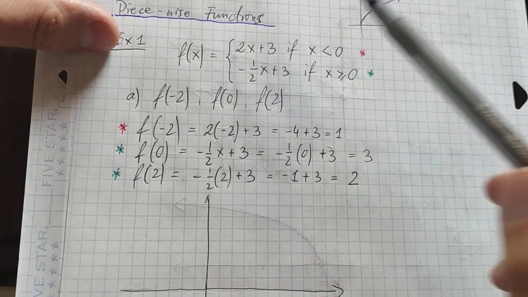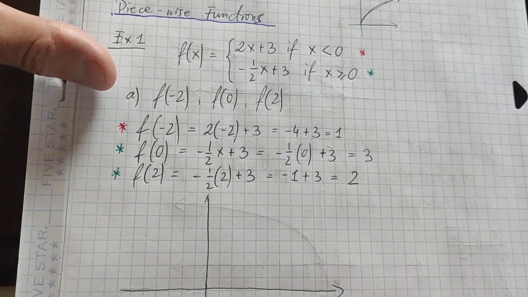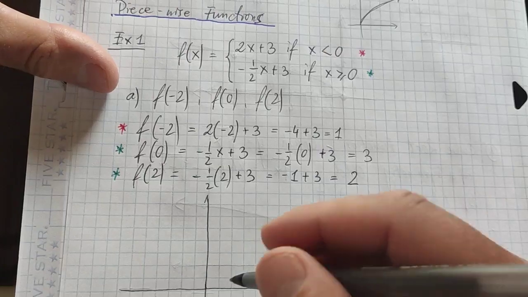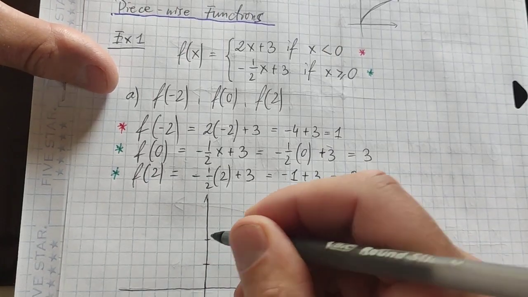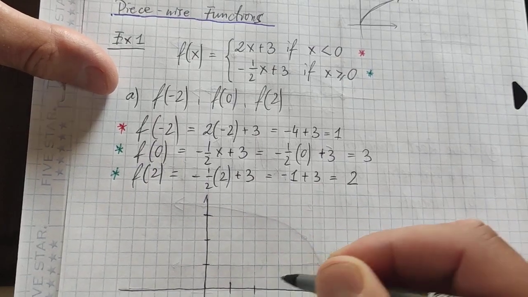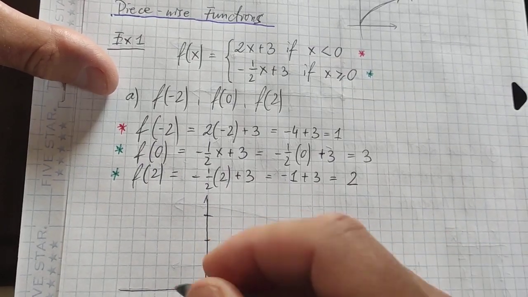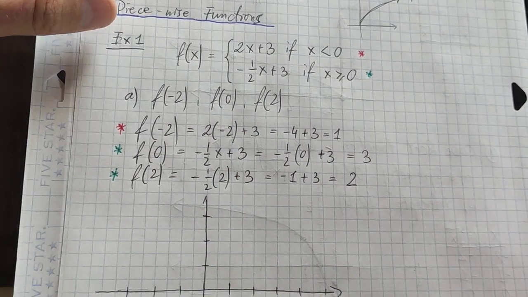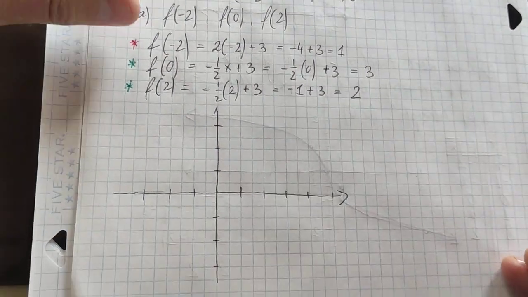So this is y equals 2x plus 3. So let's try it. And I'm just going to sketch it. You know, we're more concerned about concepts rather than how perfect those graphs are.